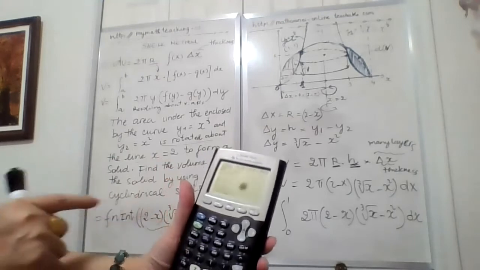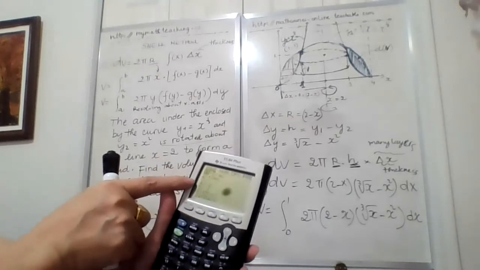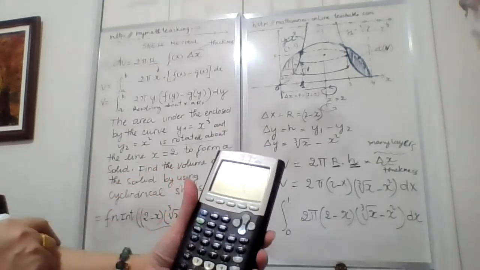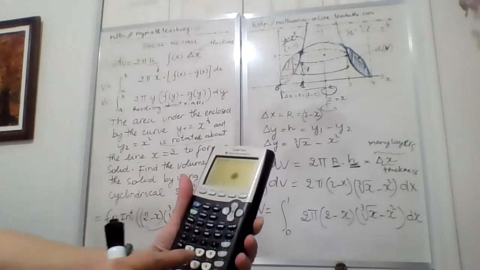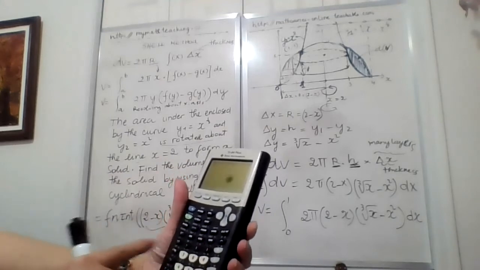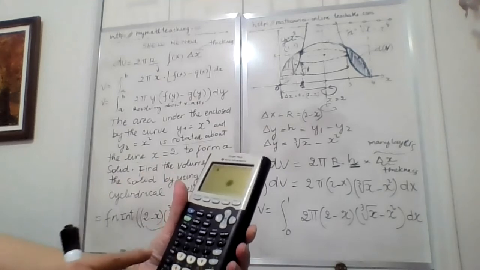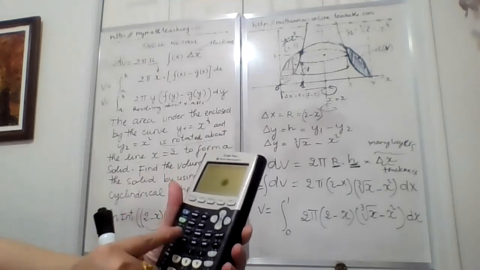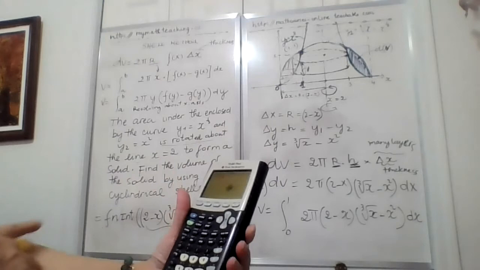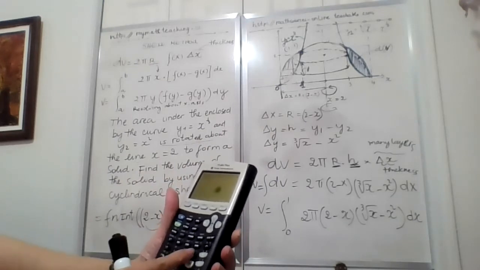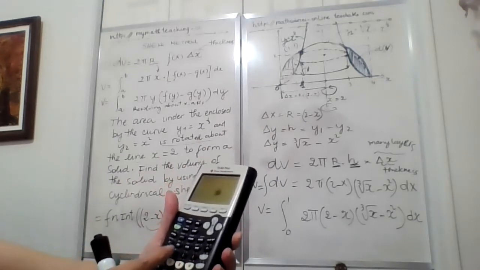I'm going to hit math so I can get the root, number 4, to get the cube root, right? And I'm going to key in x and close the bracket and subtract another function, which is x squared, and close the bracket and put the comma.